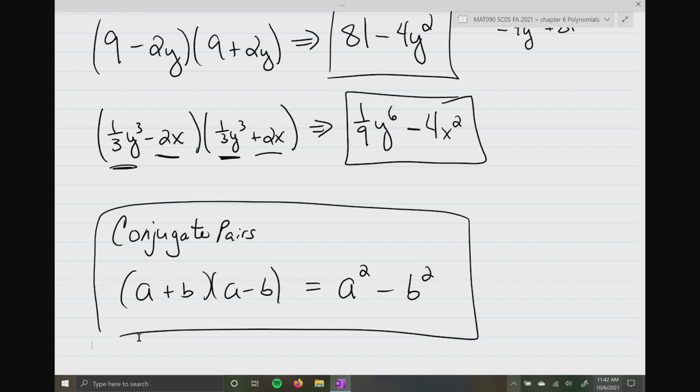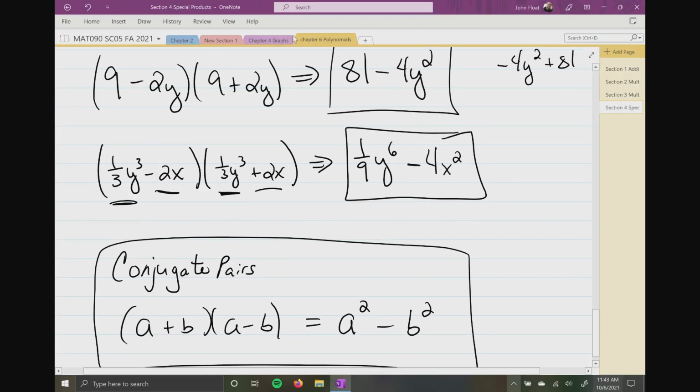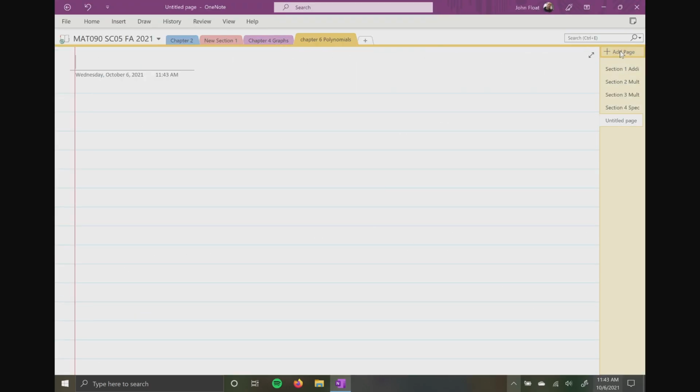So, we're done with section 6.4, which is special products. Now we're going to move into section 6.5. Section 5 is called Dividing Monomials, or just divide monomials.